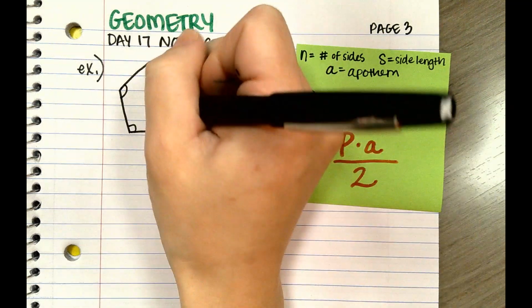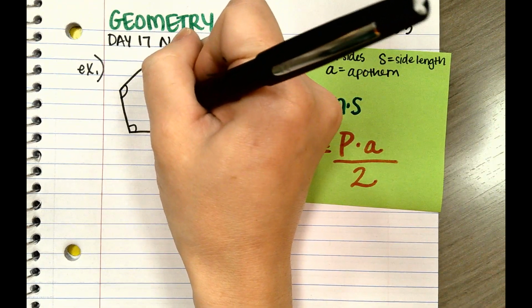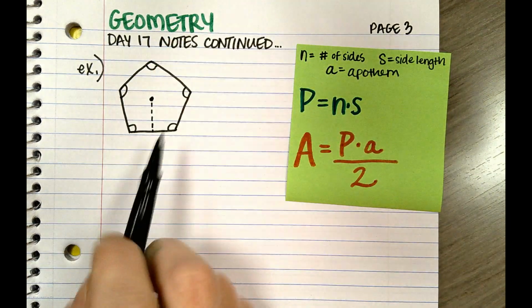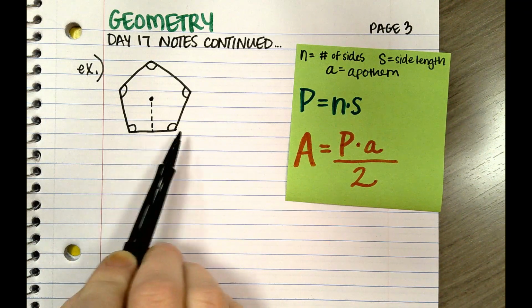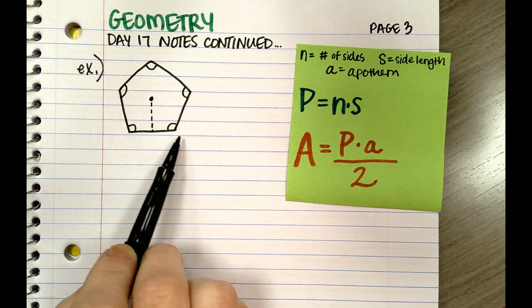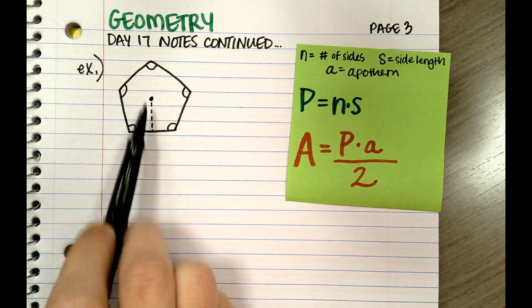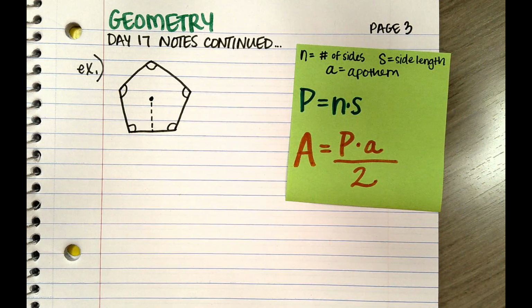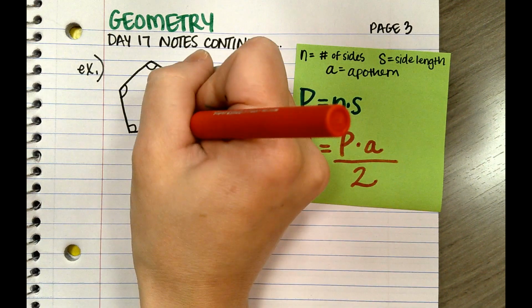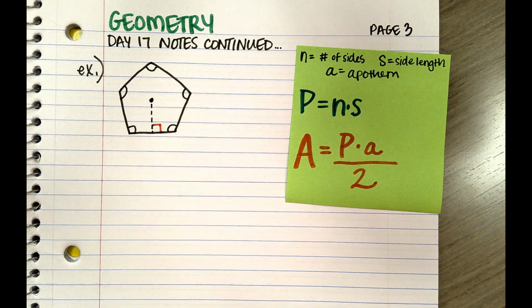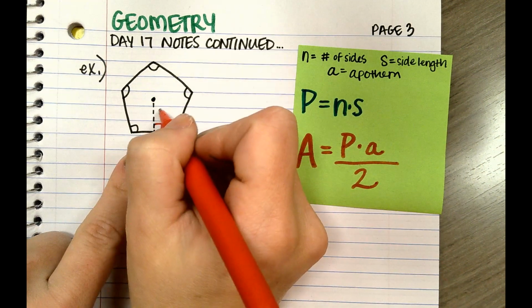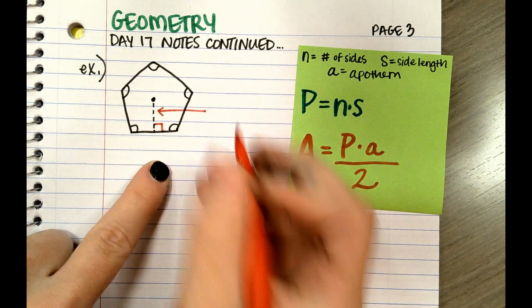And then we are going to draw kind of a dotted line going down from the middle to the side. Don't draw this line into an angle. Draw it to the middle of a side. And it should be touching the side at a 90-degree angle, like this. Should be perpendicular to the side. This length here is the apothem.